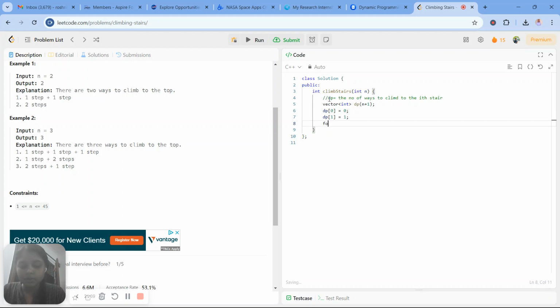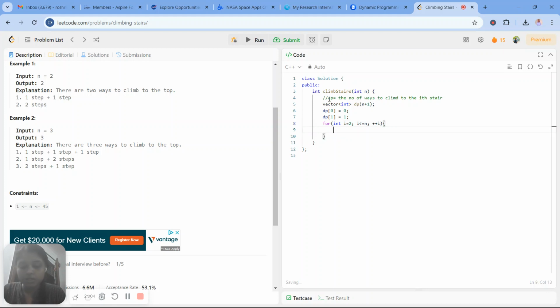Then we implement a simple loop, int i equals 2, because we have taken care of the input that we have given in the question. The condition will be i less than or equal to n, because we are using the ith position, and then plus plus i.